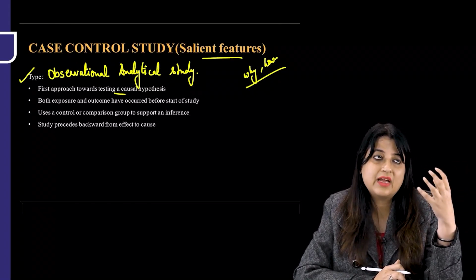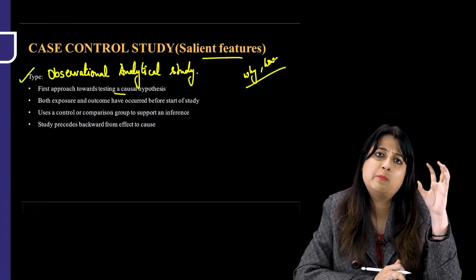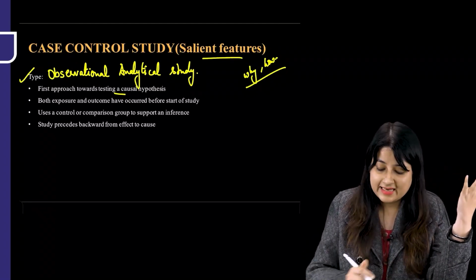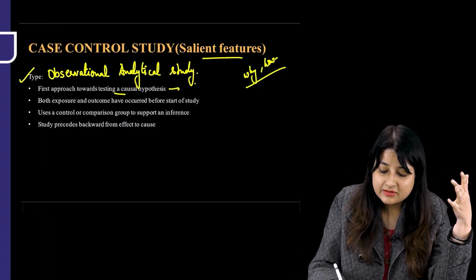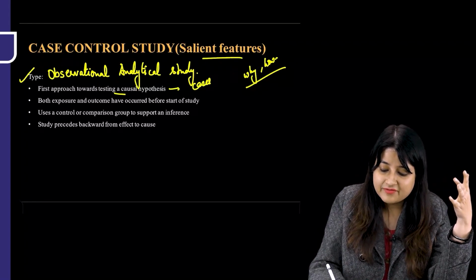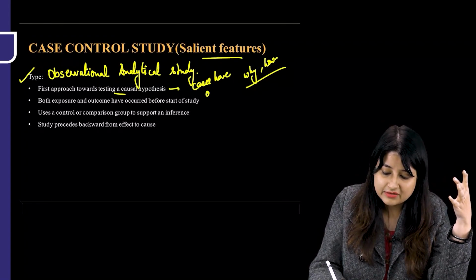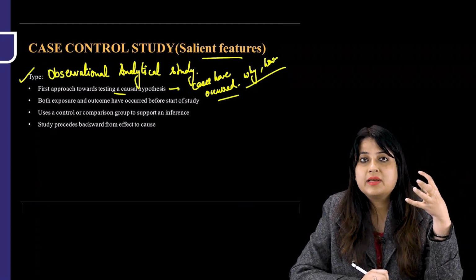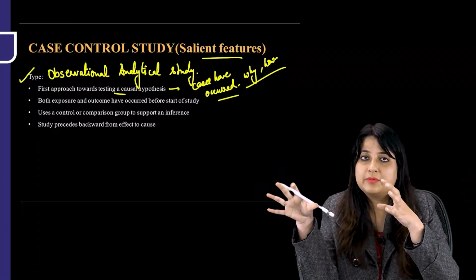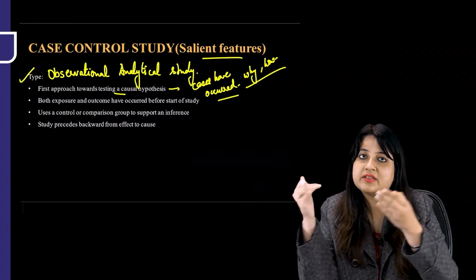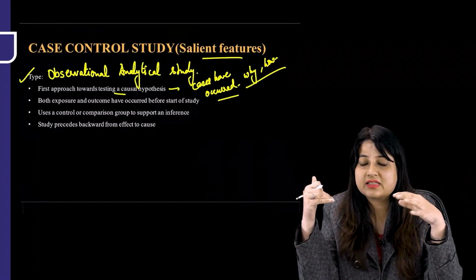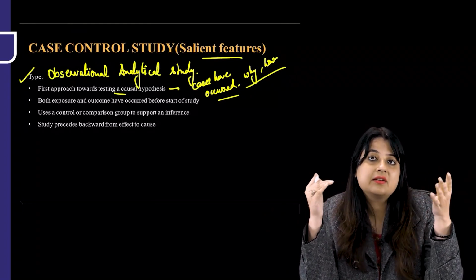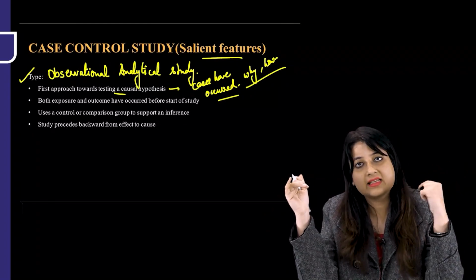The first step, when we have to test a hypothesis, the better is to go for case control, because in a case control cases have already occurred. It's always better to start your study with people who suffer from the disease versus who do not suffer from the disease, which will help you answer the questions why and how a disease is occurring.